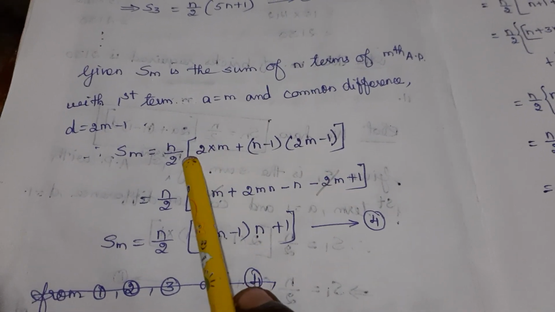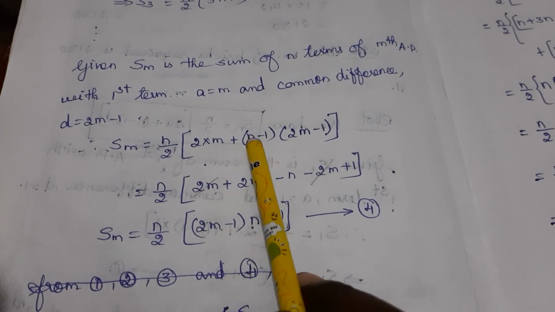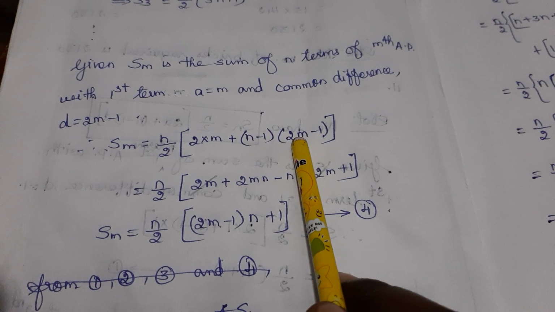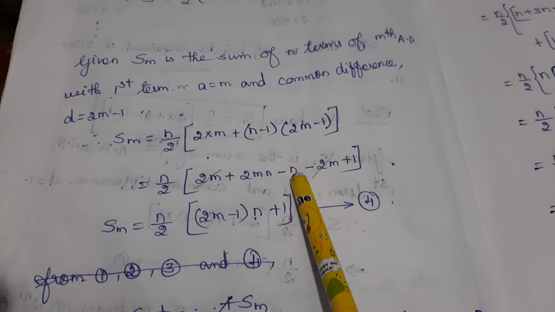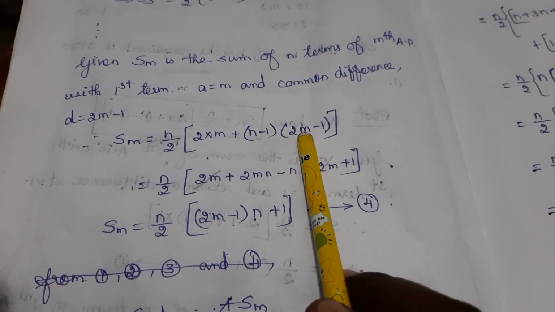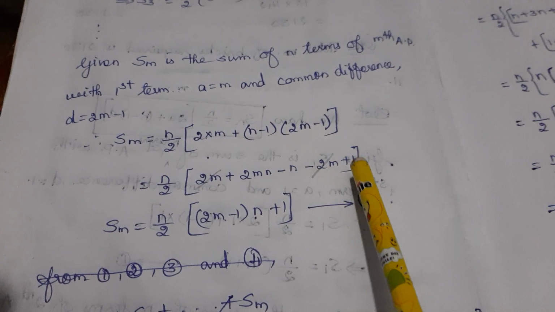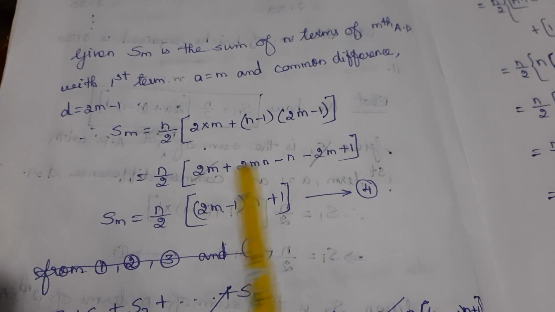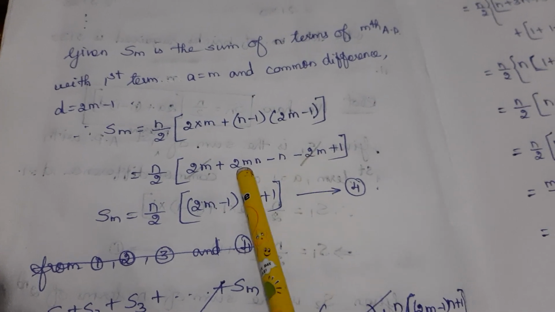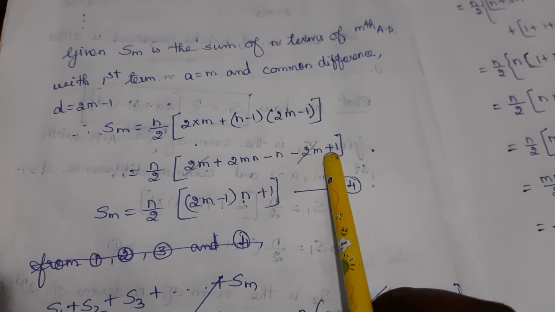Okay, now we can simplify. Inside the bracket you will get 2 into m is 2m, n into 2m that is 2mn, n into minus 1 it is minus n, minus 1 into 2m it is minus 2m, minus 1 into minus 1 it is plus 1. Okay, so we can cancel this 2m and minus 2m, then remaining 2mn minus n plus 1.